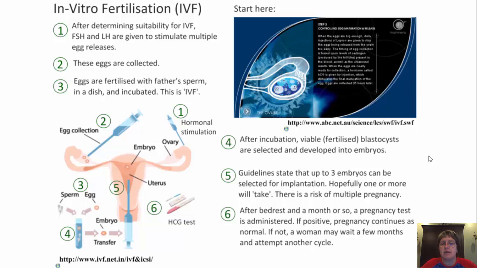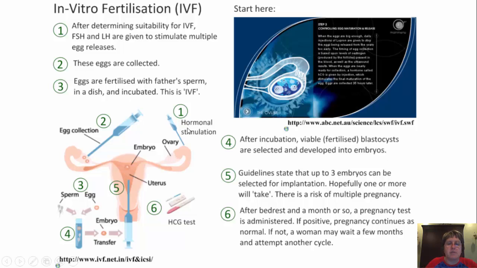This would be a little different than a normal menstrual cycle, where we would just have one egg being released at a time. So we're stimulating for multiple eggs to be released. Those eggs are then collected or harvested, and they are fertilized in a petri dish with the father's sperm and then incubated. So this is the IVF, or in vitro part of the fertilization process.